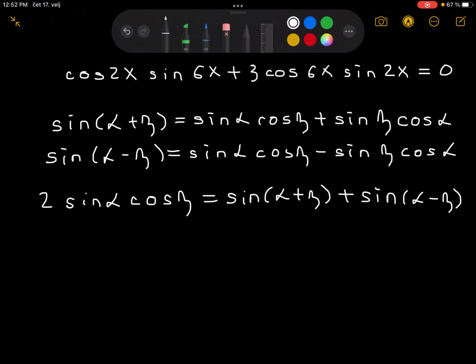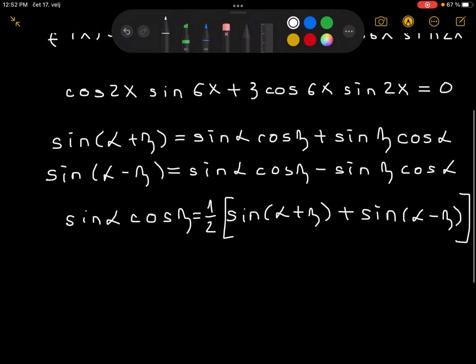And okay, I'm going to go ahead and divide both sides by 2, and this will give me this final form.